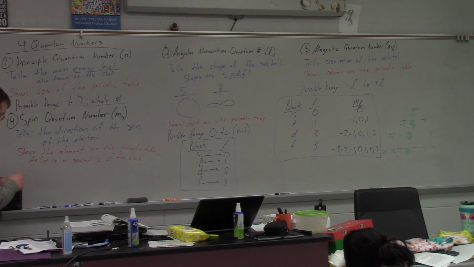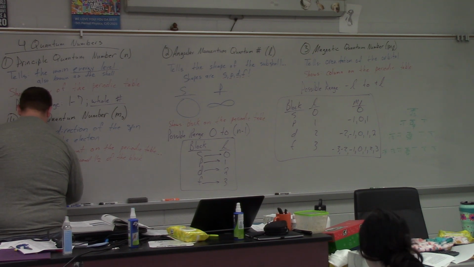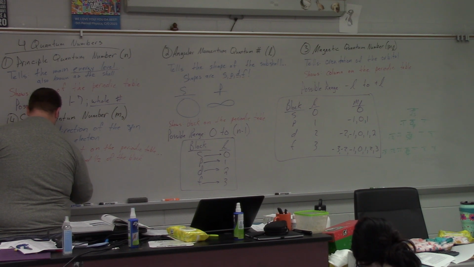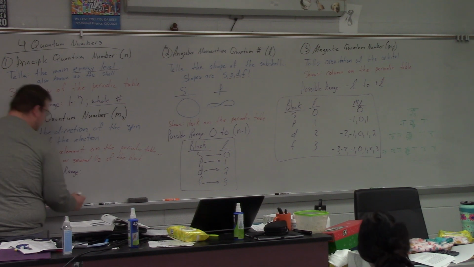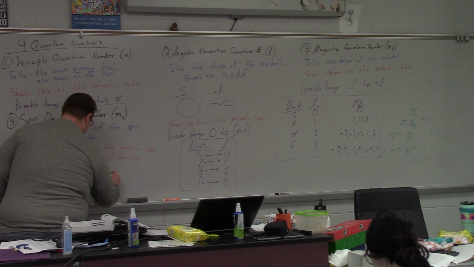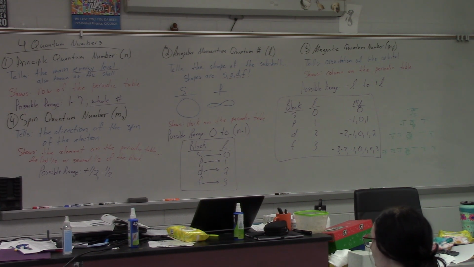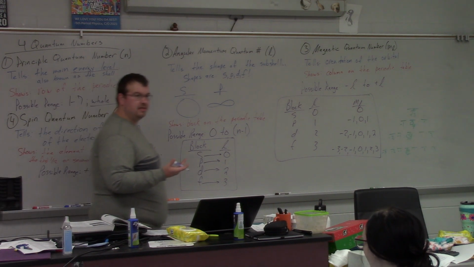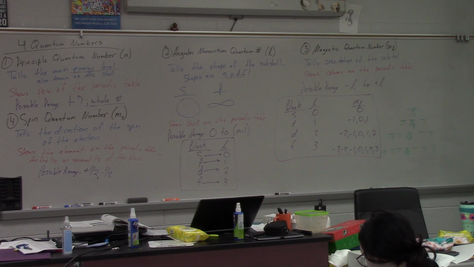Now, it's very important to know that the possible range for this is only two options. The possible range that we see is +1/2 or -1/2. That's all it can be. What do you think the up arrow is? +1/2. What's the down arrow? It's the -1/2.